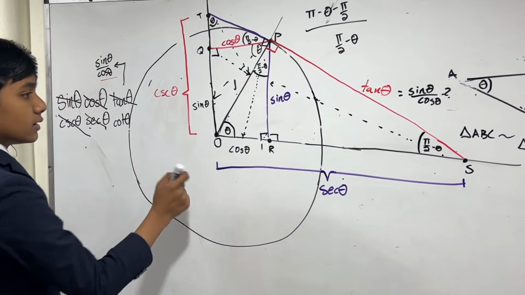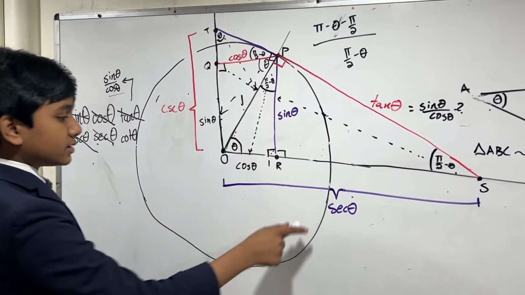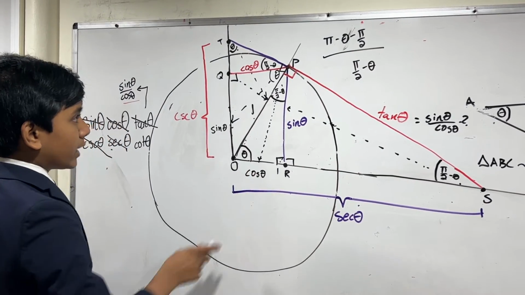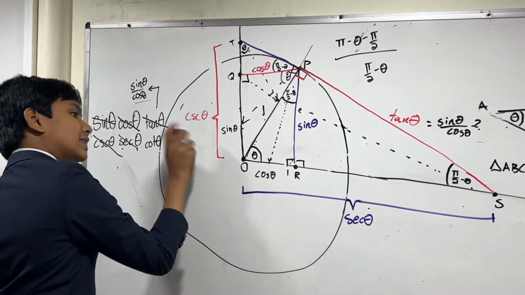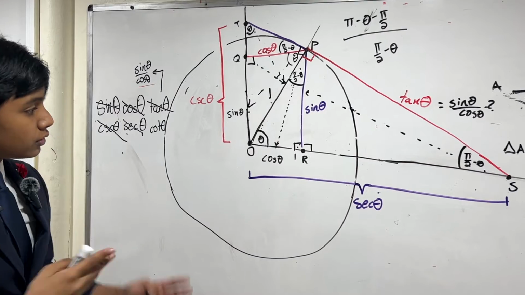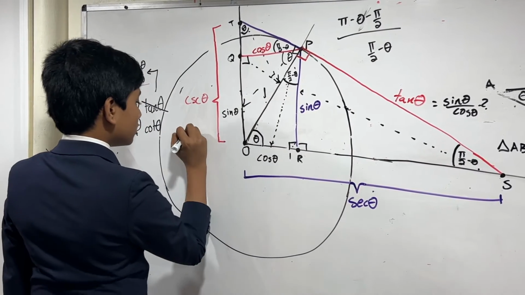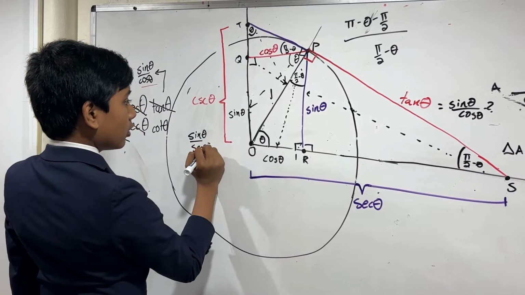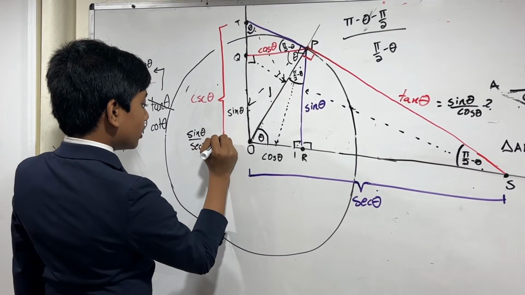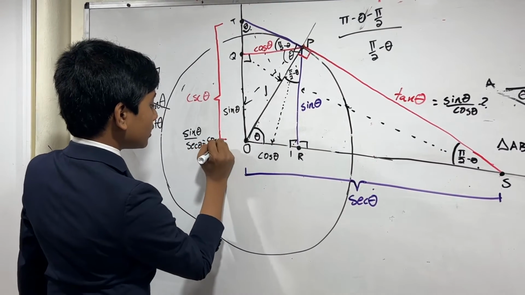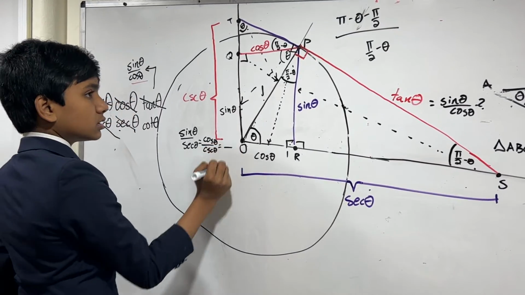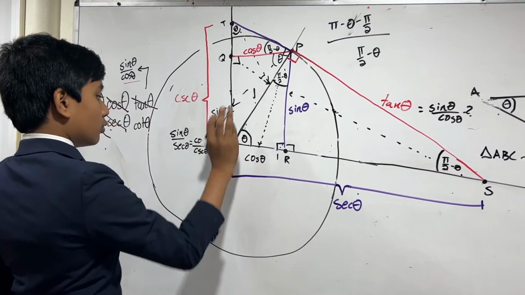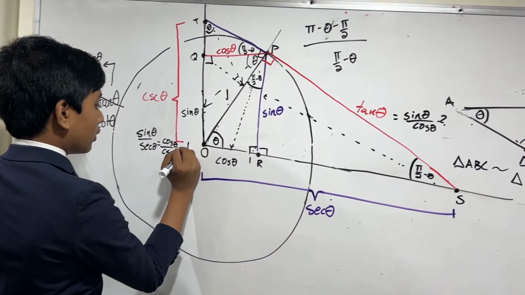So, this purple thing corresponds to this purple thing. No, I should have made this red. But this red thing corresponds to that red thing. So, sine theta over secant theta is equal to cosine theta over cosecant theta equals tan 1 over the big boy.